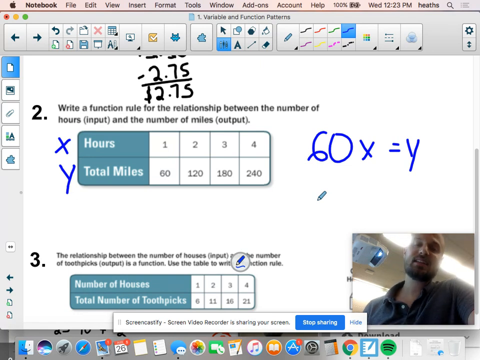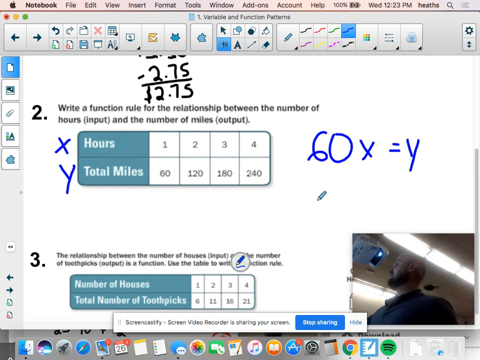If we do 60 times X, which in this case is 3 hours, so 60 miles times 3 hours is going to give us our Y output of 180. So our function rule is going to be 60 times X equals Y.